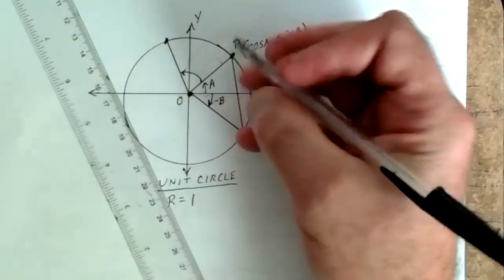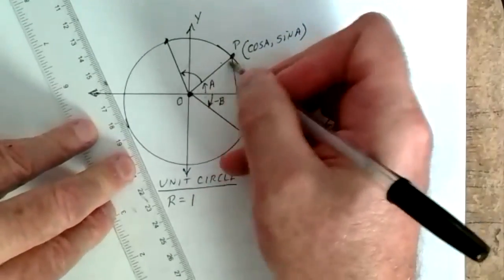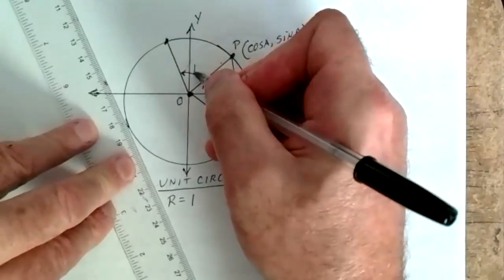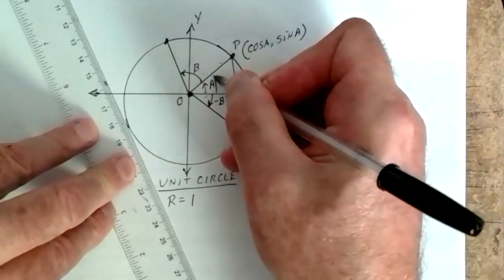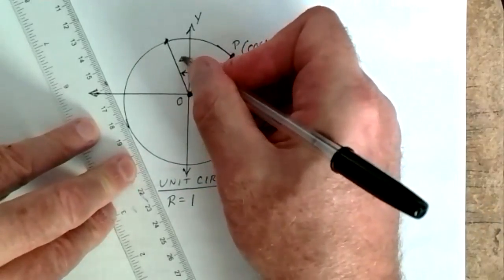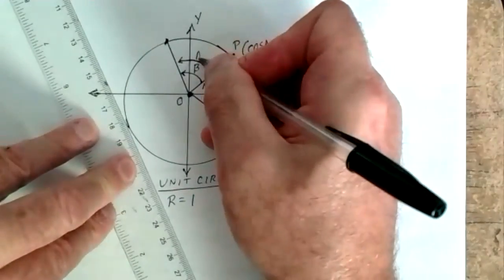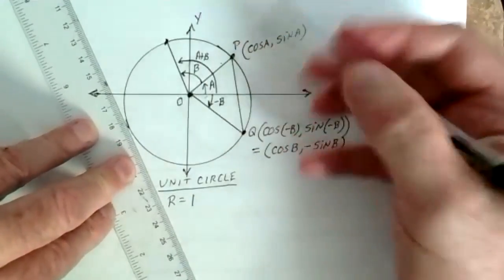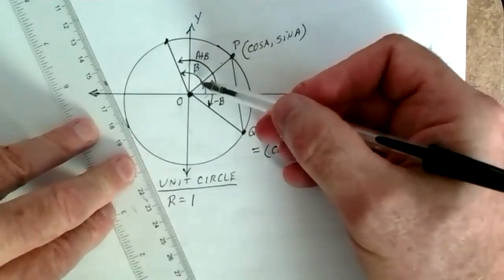So rotating angle A B degrees more, we now have an angle from here to here, which is going to be A plus B.